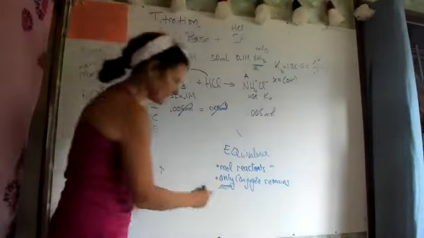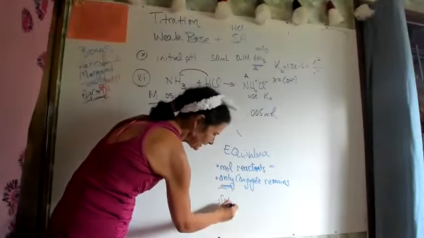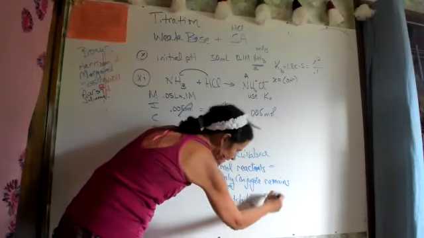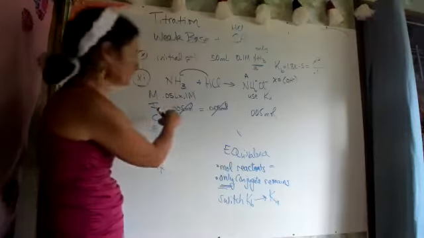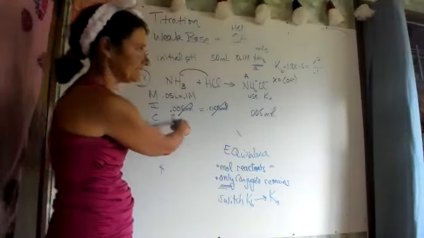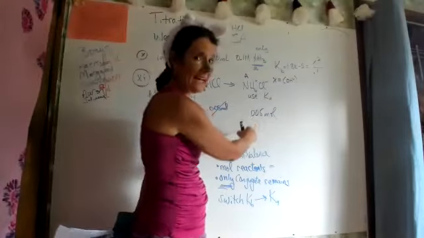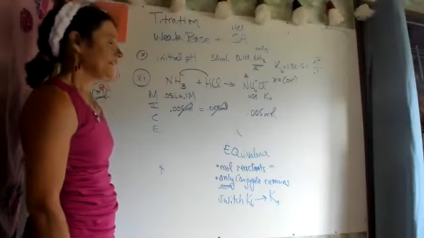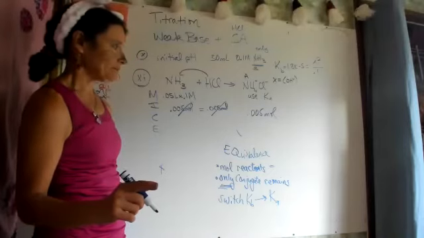So at equivalence, we had to make the switch from Kb to Ka, because the base is gone. All you have now is the acid, the salt, the conjugate. It is also an x squared problem.